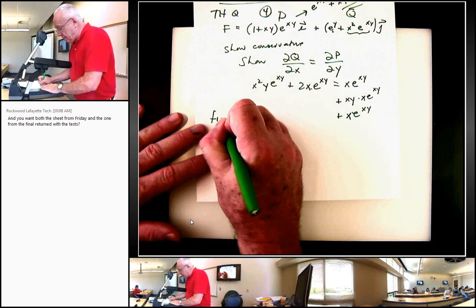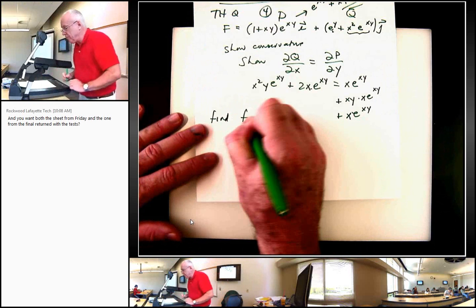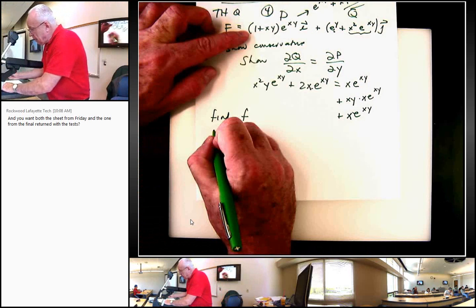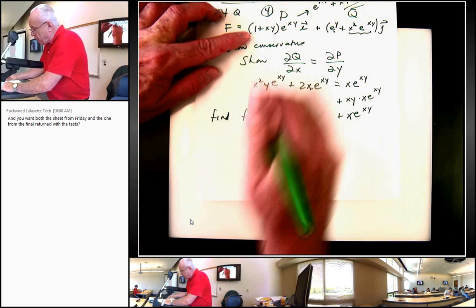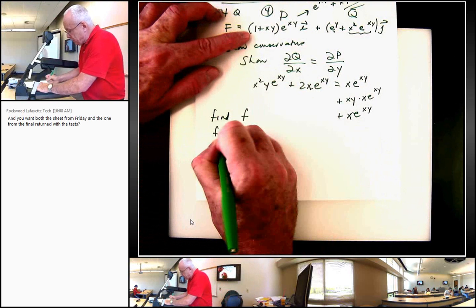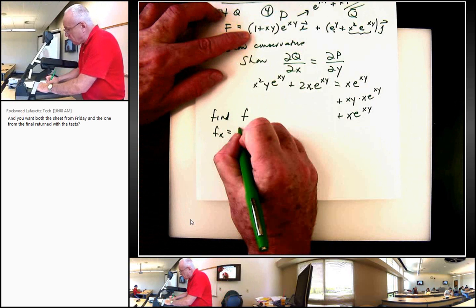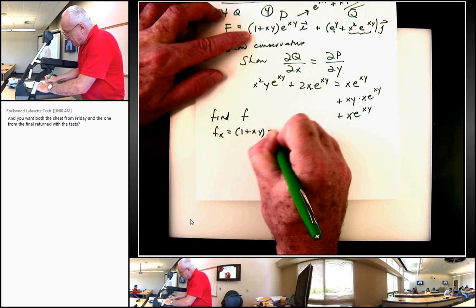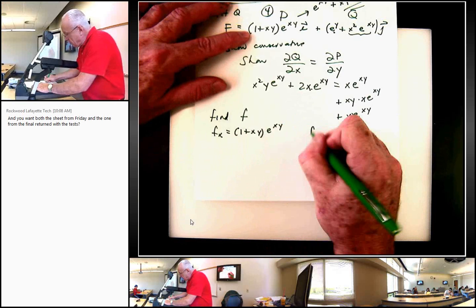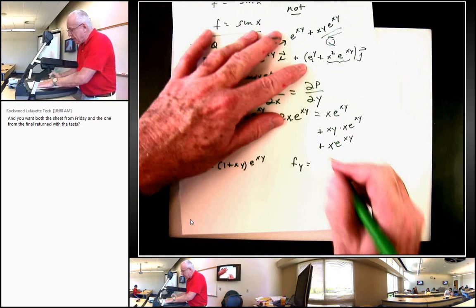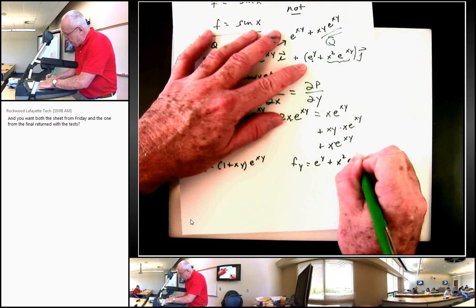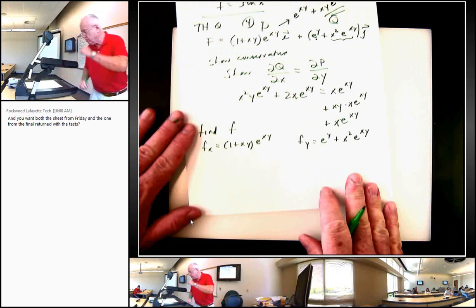Now your question is finding the little f, right? You're having a problem with that. Okay, so that means that our little f with respect to x has to equal 1 plus xy e to the xy. And our little f with respect to y has to equal e to the y plus x squared e to the xy, right?